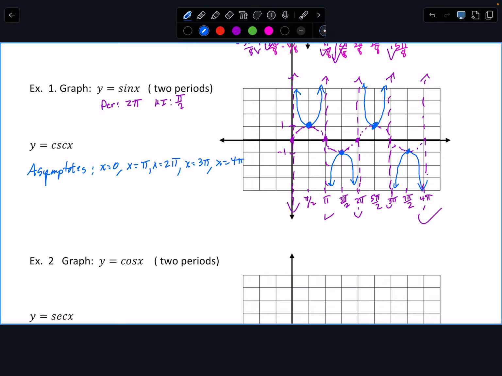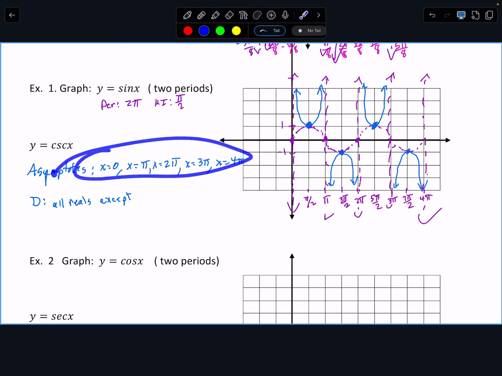Now, for cosecant, the domain is all reals, except, and then we have to find a way to write out how this happens.